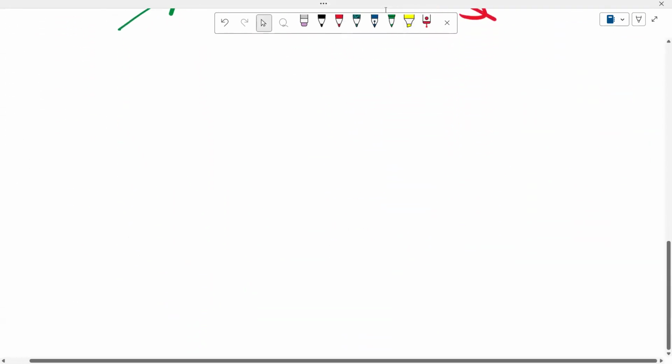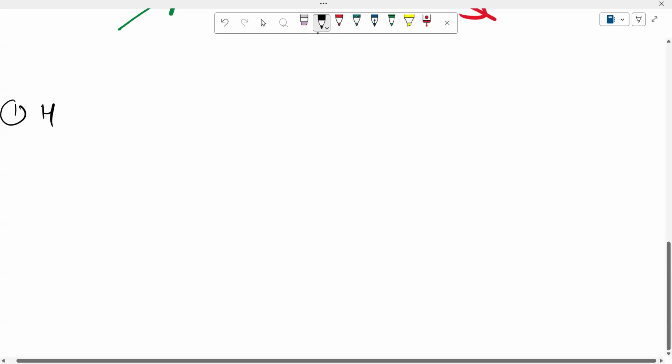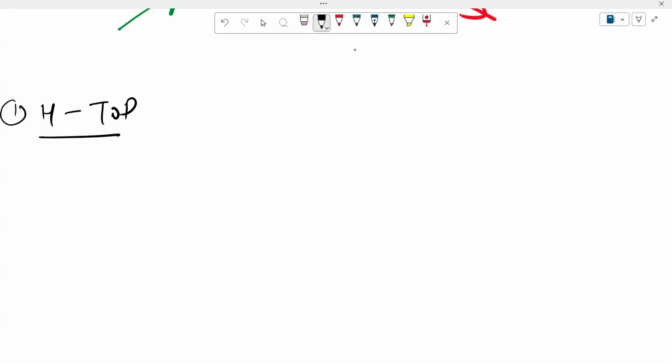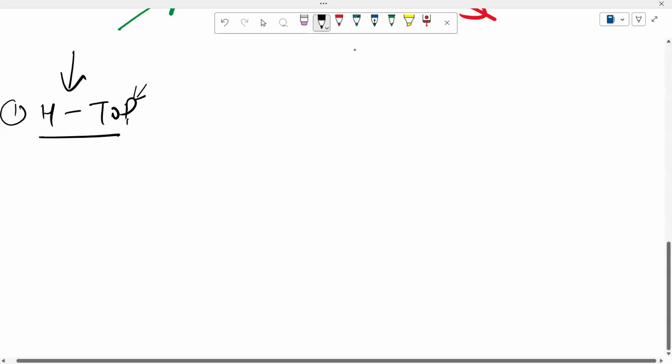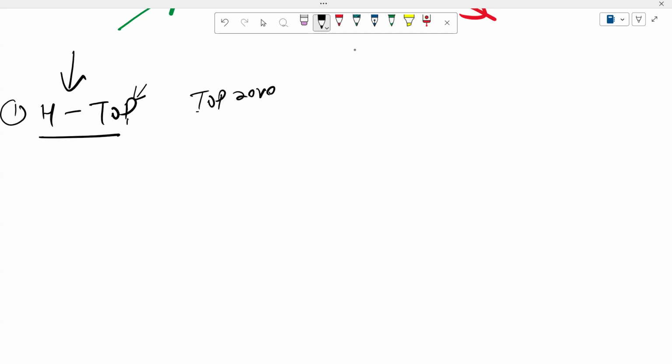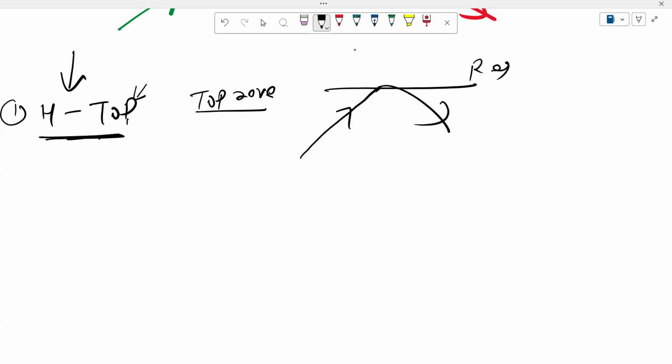So the first and very famous classic chart pattern is the head and shoulder top. Which category will it come in? It's a top, so it's a top reversal. It means the market will get some resistance and reverse from that resistance. So it's a top reversal pattern, head and shoulder top.